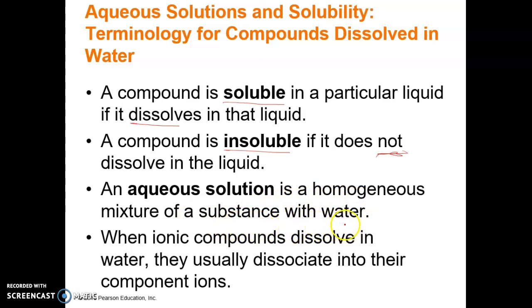So that just means if I have something that is mixed with water and it disassociates into ions, then it would be aqueous. When an ionic compound dissolves in water, they usually disassociate into their component ions.